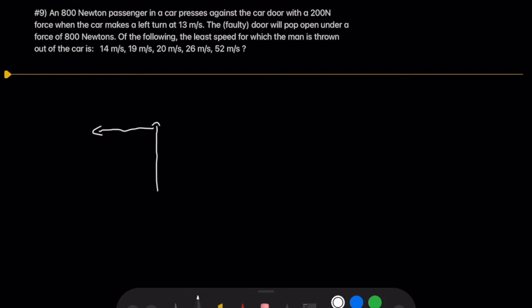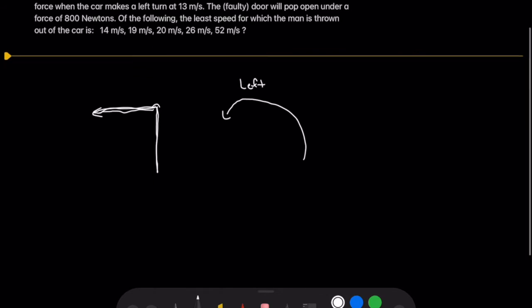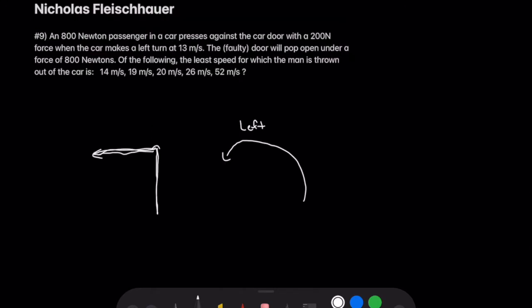But we know that cars aren't just going to suddenly veer off in a direction like that. They're going to follow some sort of curved path as they turn. So this would be indicative of a left turn. So this tells us that we are probably dealing with some type of circular motion.